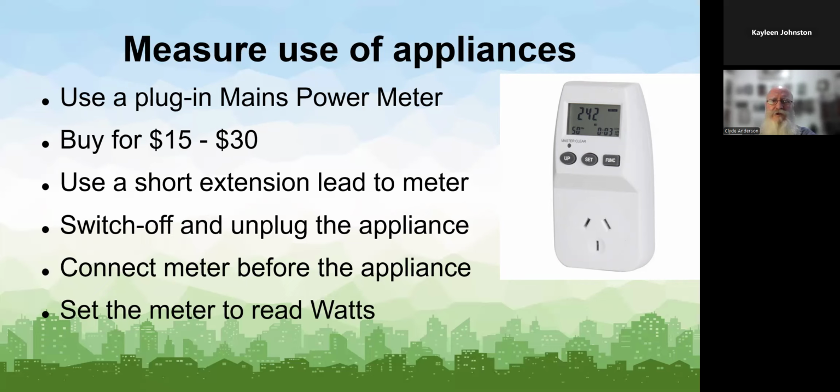So use a short extension lead to bring the meter out so you can read the display, and set the meter to read watts, and it can accumulate kilowatt hours for you. So for devices that are intermittent, for example, a refrigerator that may be turning on and off regularly, it will read the kilowatt hours for a whole day and therefore give you the kilowatt hours per day straight off the display for you. So it makes it so much easier for intermittent equipment.